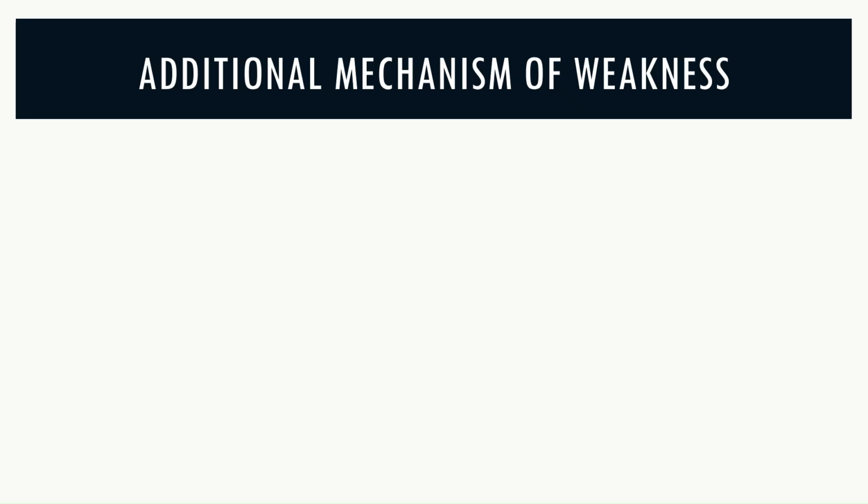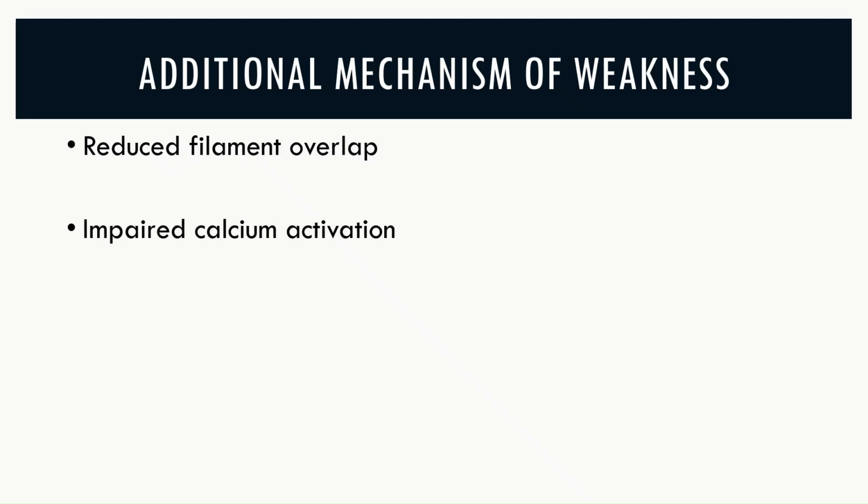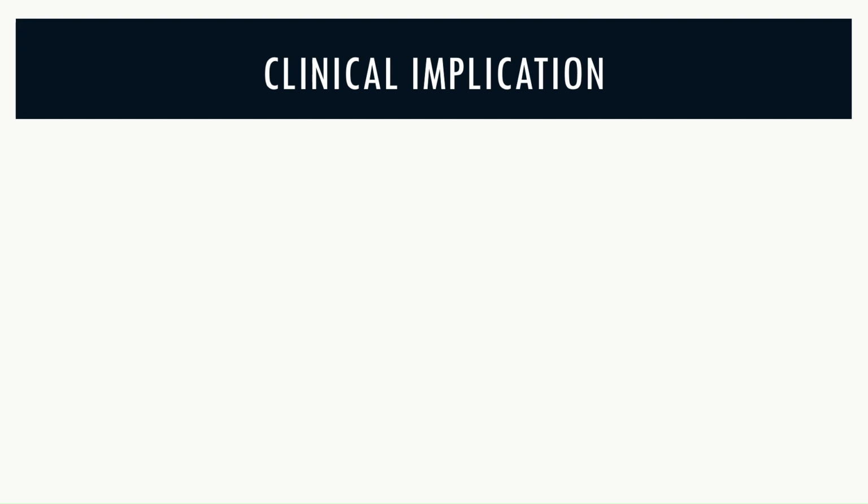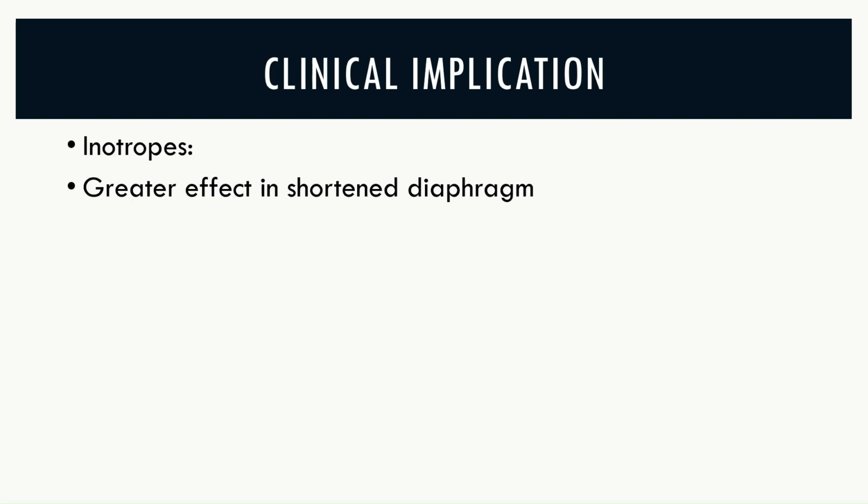Reduced force generation is also due to decreased filament overlap, impaired calcium activation, and partly due to T-tubular dysfunction. Clinical implication of force-length relationship. Inotropic agents have greater effect on the shortened diaphragm, making this concept clinically relevant in patients with severe hyperinflation.